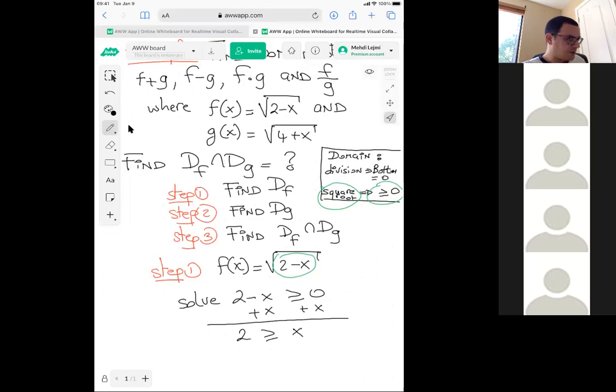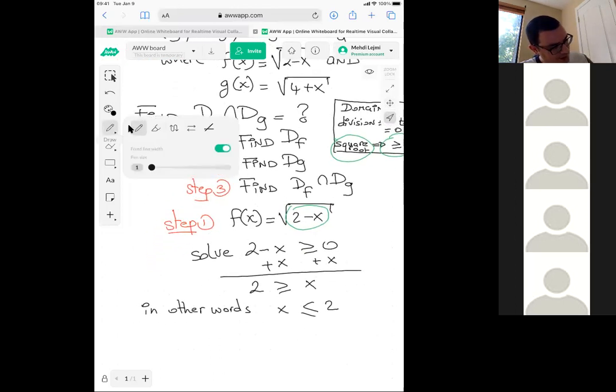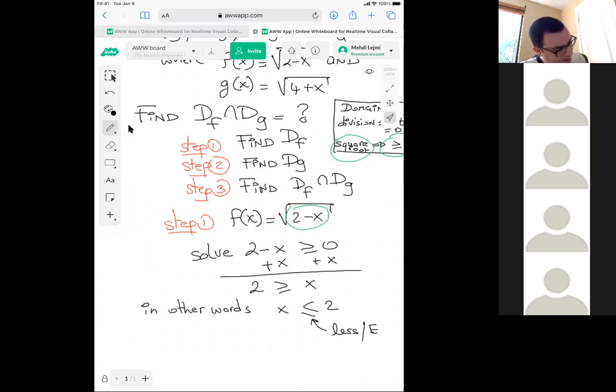In other words, x is less than or equal to 2. This one here is less or equal, and of course, the other one is larger or equal.